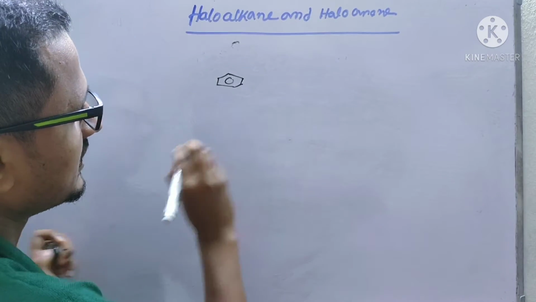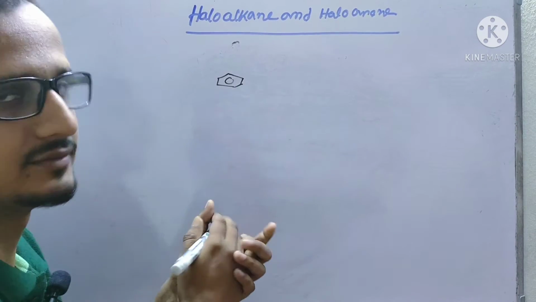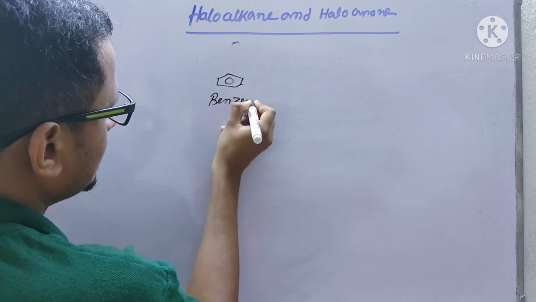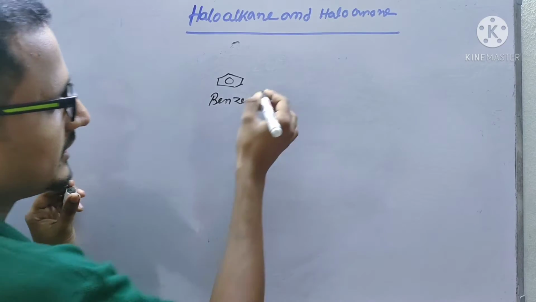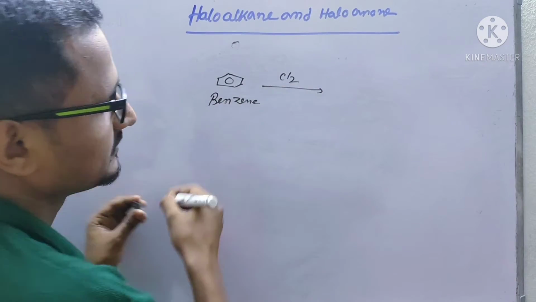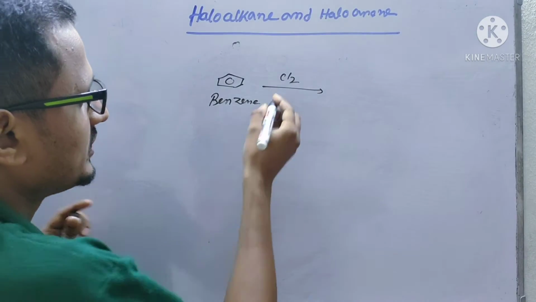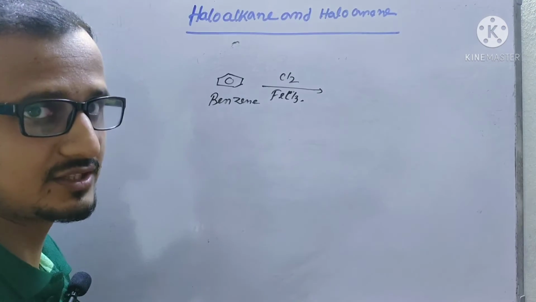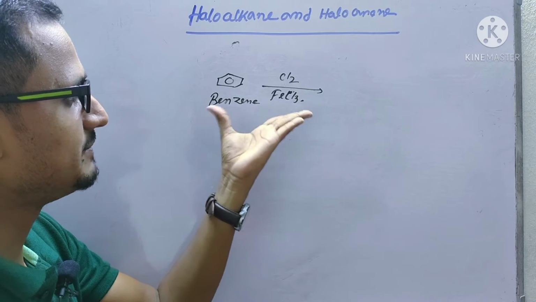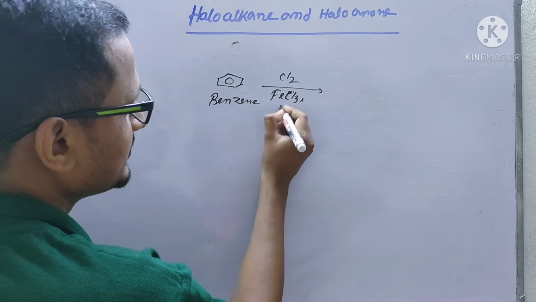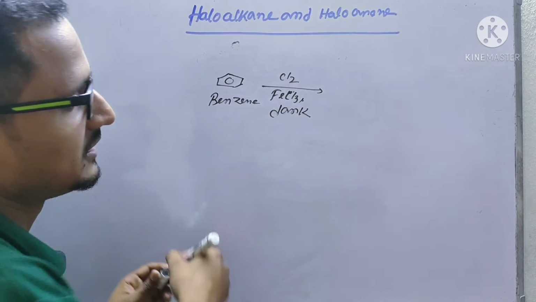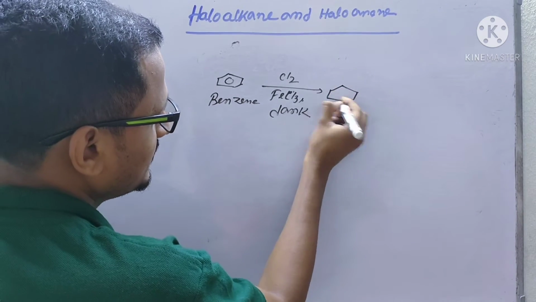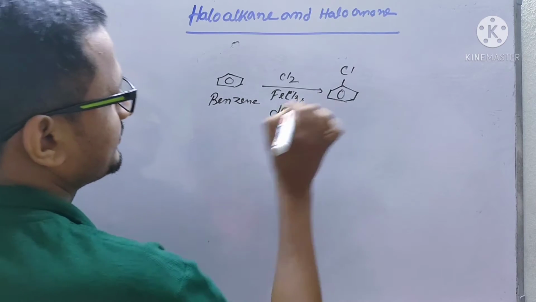First of all, just make a haloarene. If this benzene reacts with chlorine in presence of FeCl3, and you keep this one in dark, then one electrophilic substitution reaction will take place, and you will get chlorobenzene.